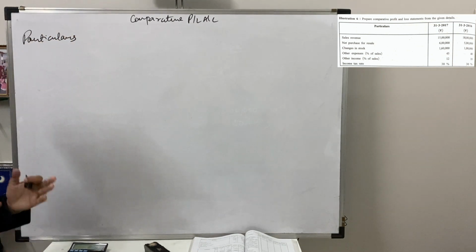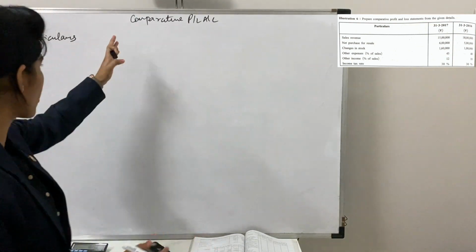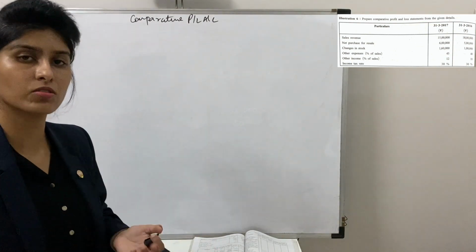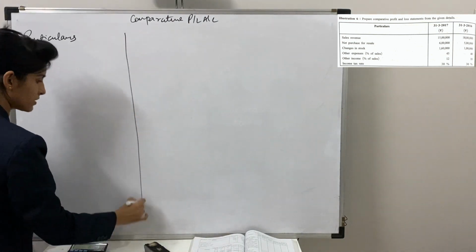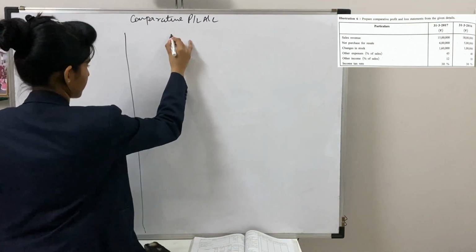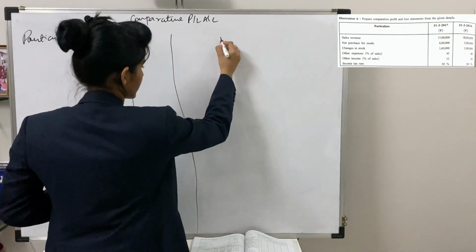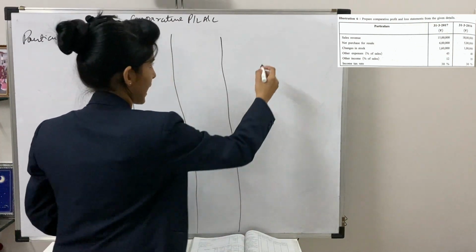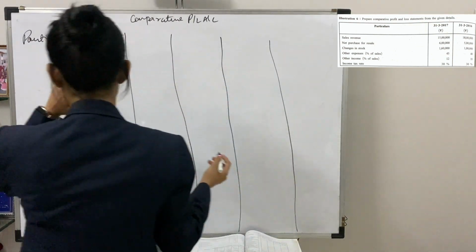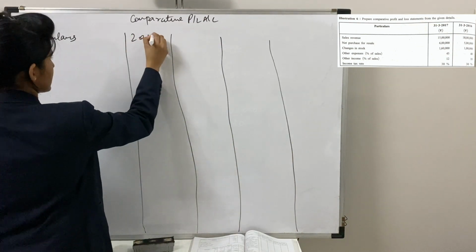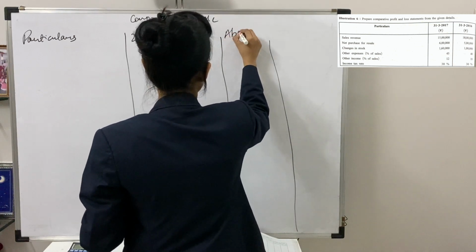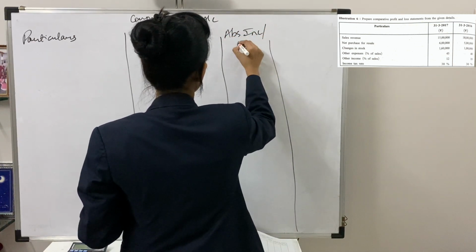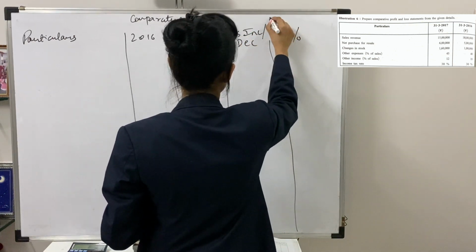Now in this case we have prepared working notes, so you can give a column of note number, or it's your choice, in bracket to write working note 1 or working note 2. So particulars, then is your 31st March 2016, 31st March 2017, absolute increase, decrease and percentage.